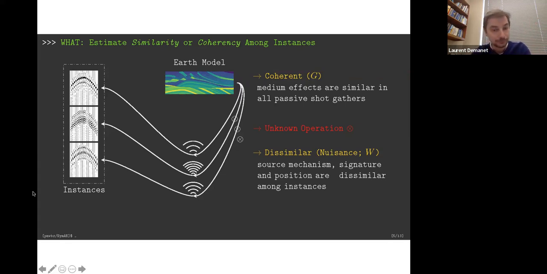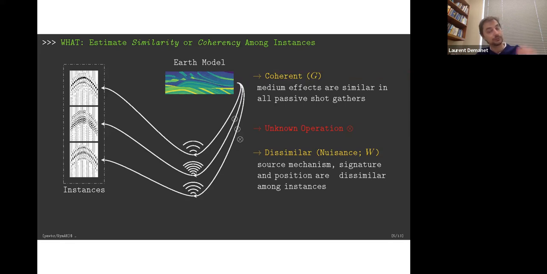the same earth. So that means that you have an explanation of those data that consists in saying there's a coherent component that's the same for everybody, that's the earth in which the waves propagated, and that there's going to be dissimilar components that give you different instances that correspond to the different sources, the different earthquakes, which plays the role of the different style that we had in the handwritten digits example.